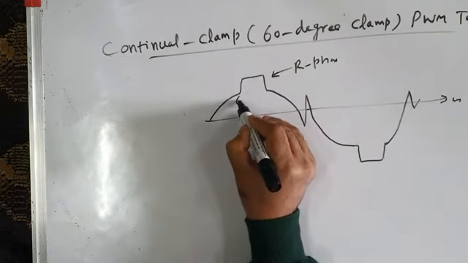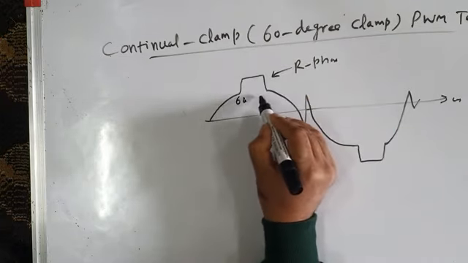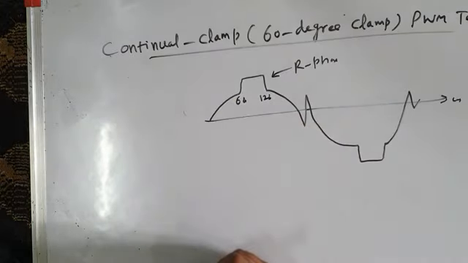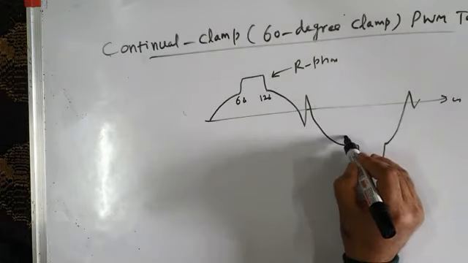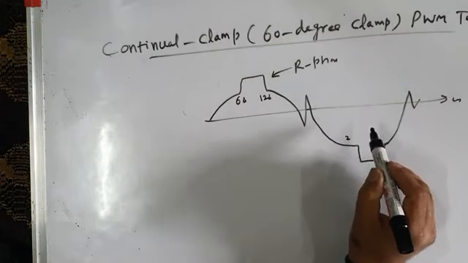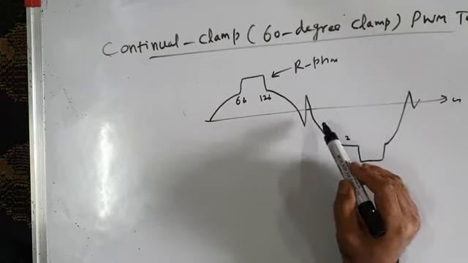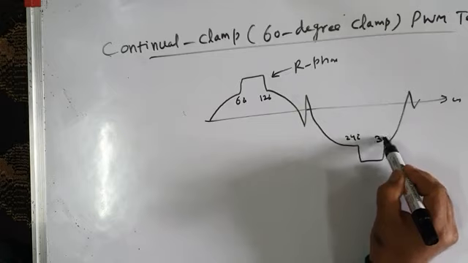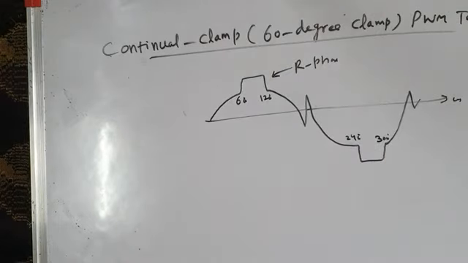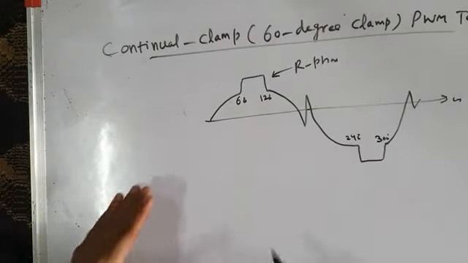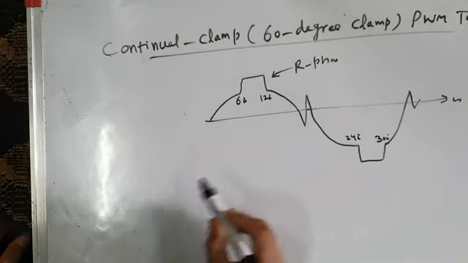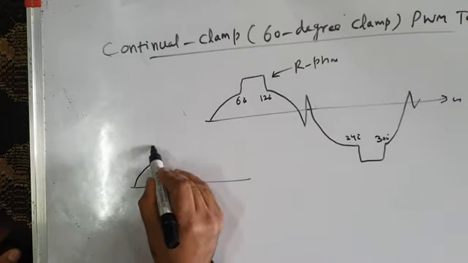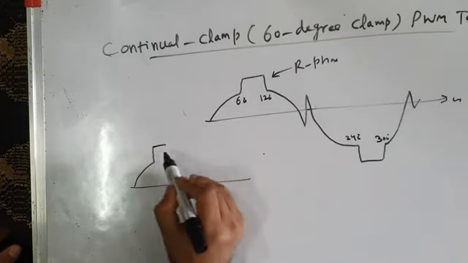It was clamped from 60 degrees to 120 degrees to the positive DC bus for the positive half cycle, and in the negative half cycle from 180 plus 60, that is 240 degrees to 300 degrees, to the negative DC bus. Another variation of this 60-degree clamp was like this, if you remember. Clamping was done in the first quarter.